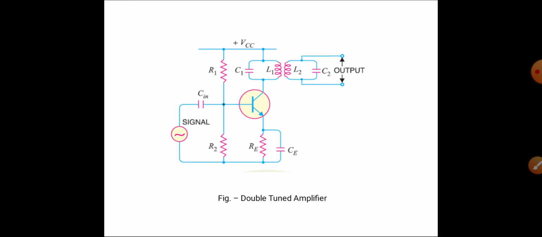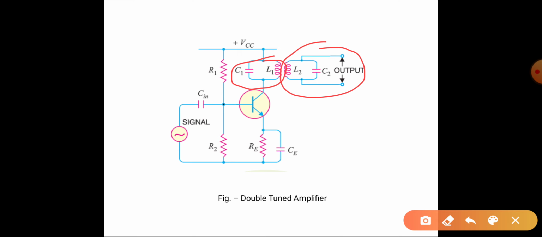This is the circuit diagram of the double tuned amplifier. It consists of two tuned circuits. Here you can see the first is C1 L1. This is the first tuned circuit, and the second is L2 and C2. So two tuned circuits are used in the double tuned amplifier.